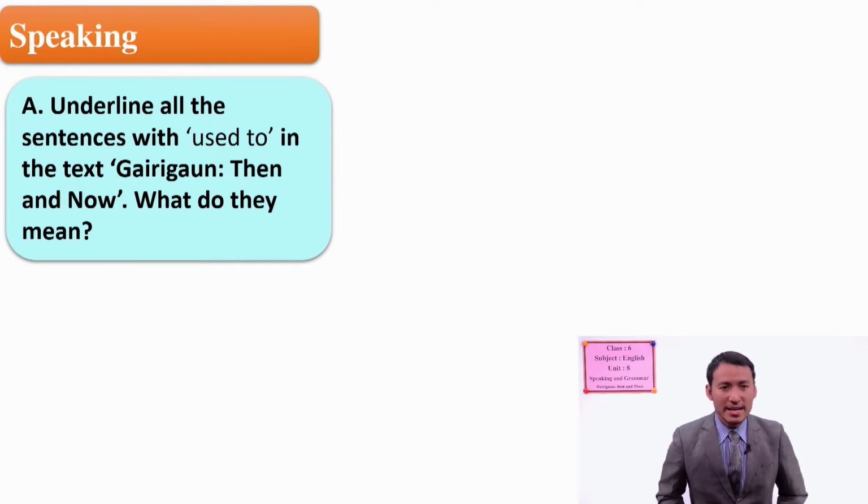Now we will start today's another exercise, that is speaking. Okay students, can you find it in your book? Let's check. Under speaking, we have one task: underline all the sentences with used to in the text Gairigaun Then and Now.